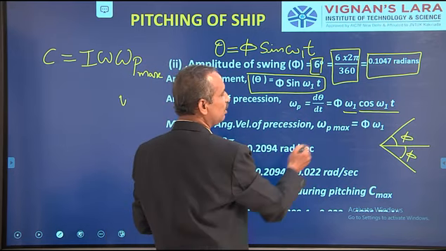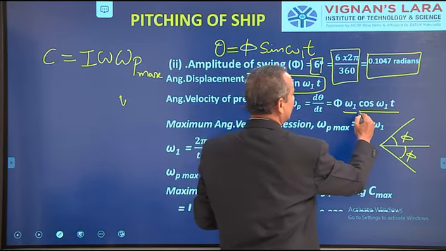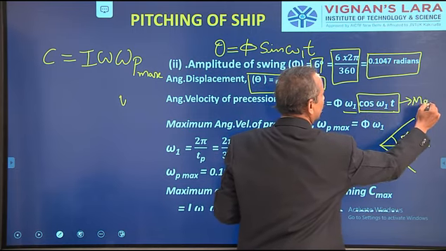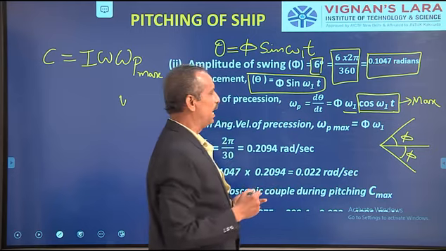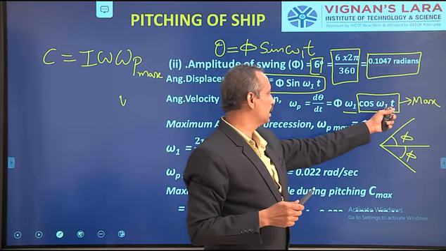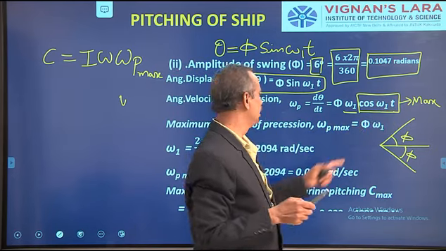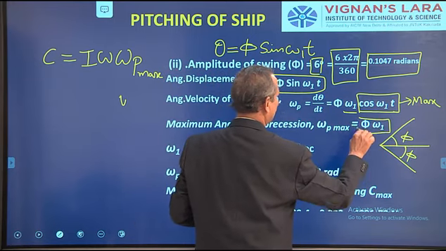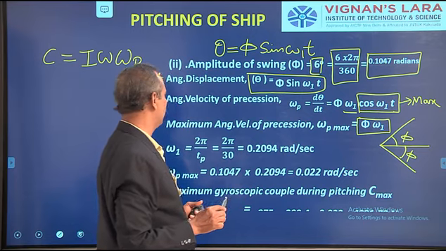So this value will become maximum when cos omega 1 t is max. What is its maximum value? 1. Then the maximum angular velocity of the precession is phi omega 1.